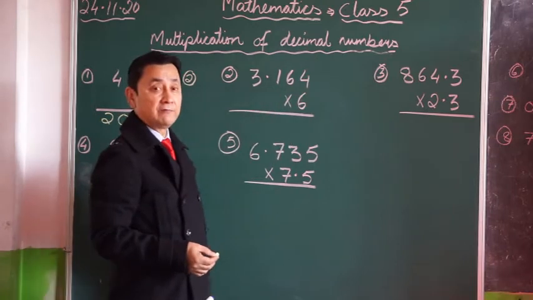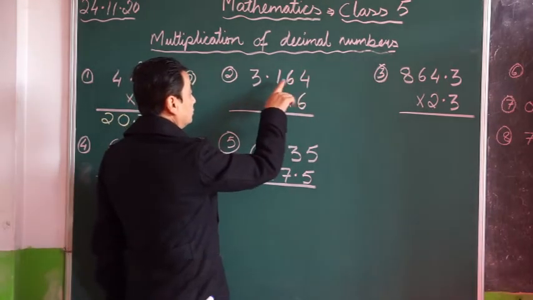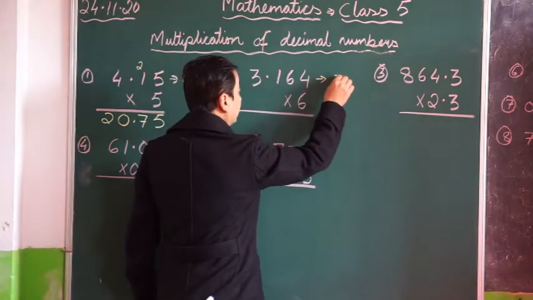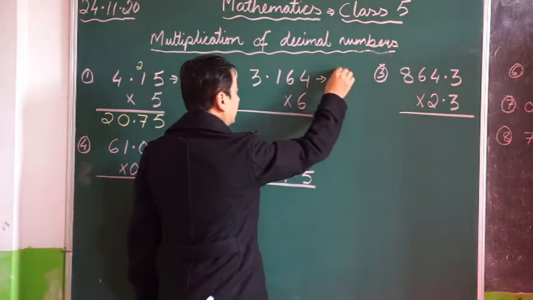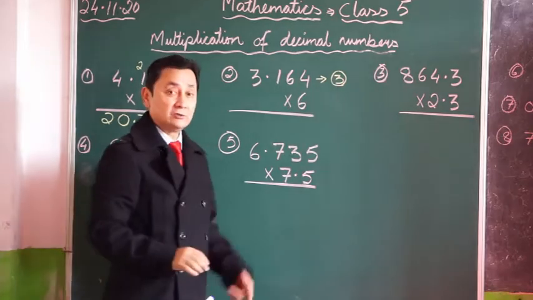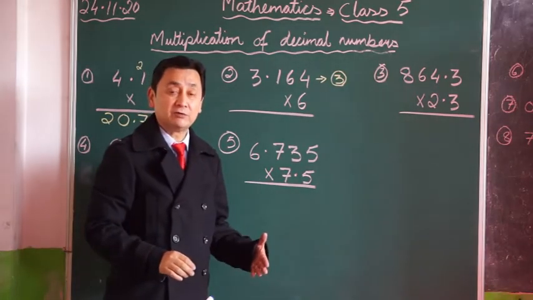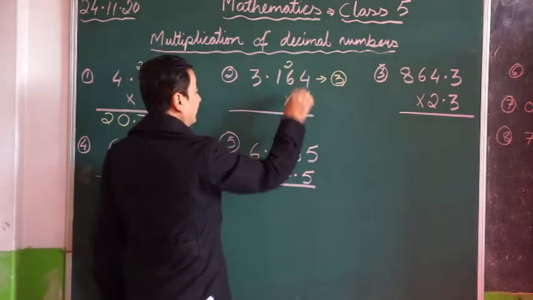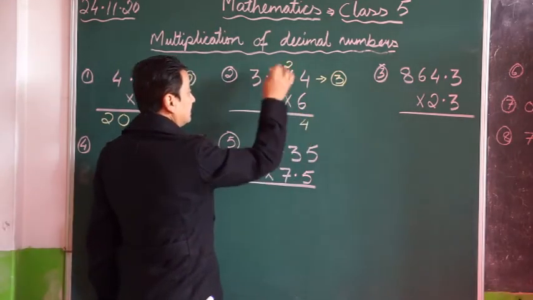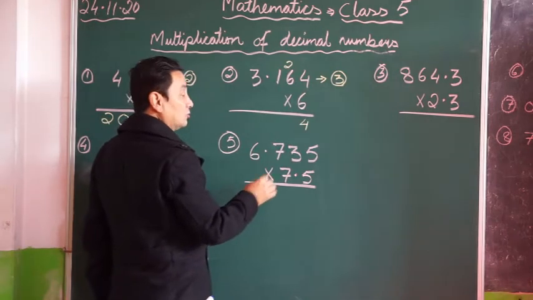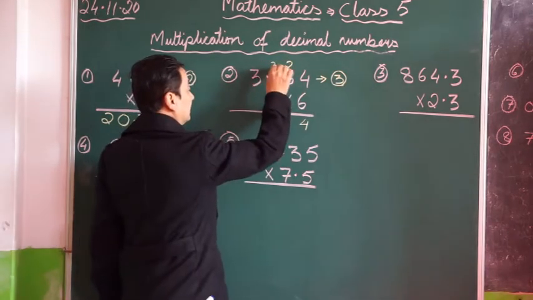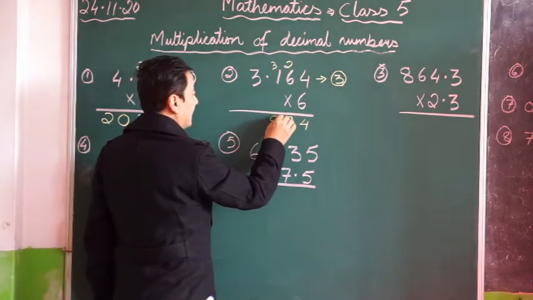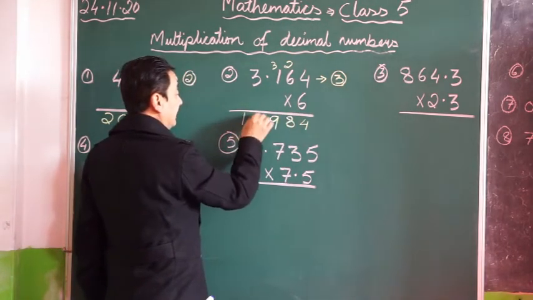So let's look at another sum. First, count the number of decimal points. 1, 2, 3 points. So our point comes after how many numbers? 3 numbers. Just put a circle there just to mark it so that you can put it later on after you get your answer. So let's do that again. 6 4s are 24. 6 6s are 36 plus 2, 38. 6 1s are 6 plus 3, 9. 6 3s are 18.